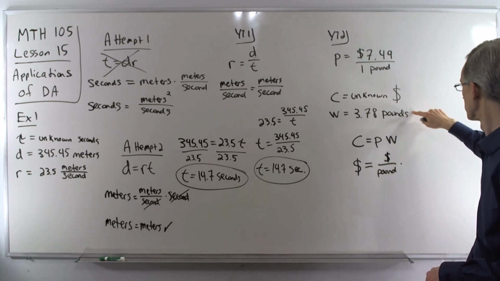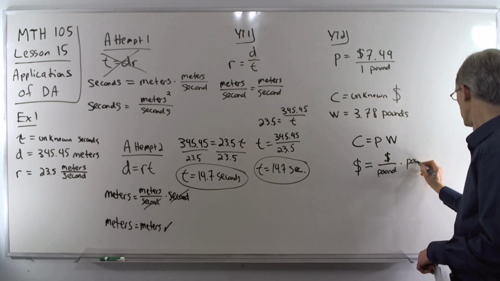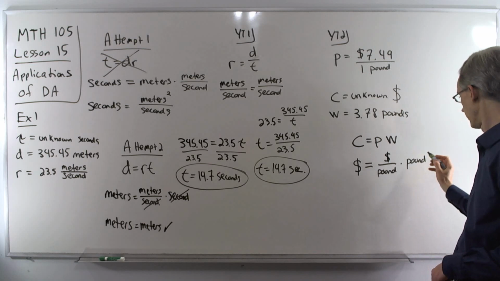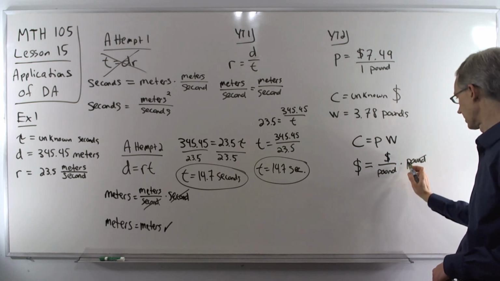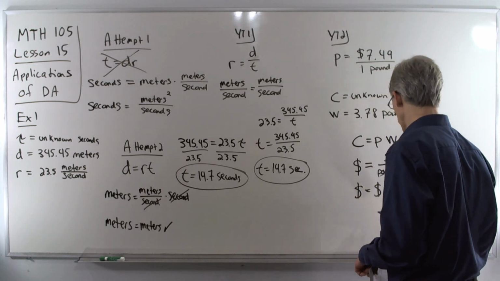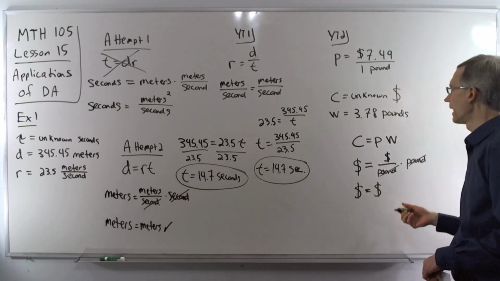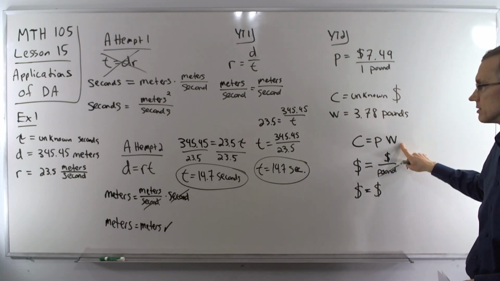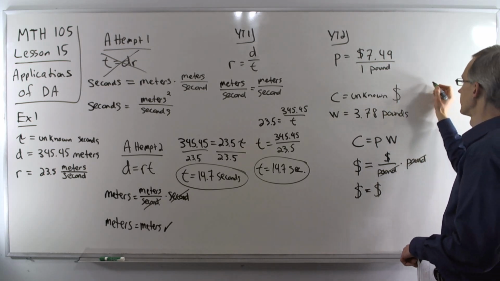And then W is measured in pounds. All right, now pounds on top, pounds on the bottom, those will cancel, leaving us with dollars equals dollars. So the units match, so that is a valid equation. C equals PW.